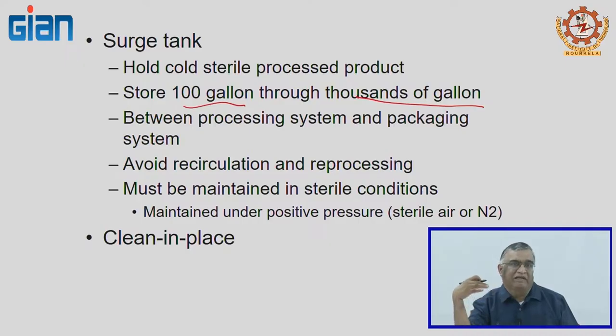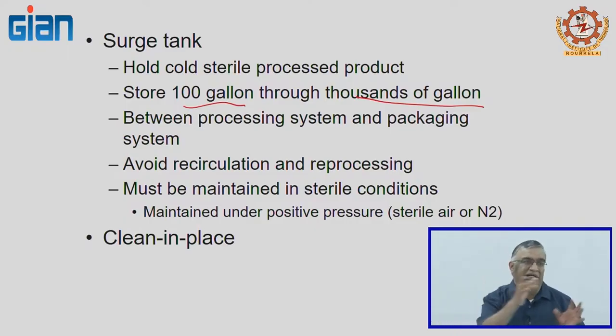For example, you may be processing orange juice: you get fresh oranges, and then you process orange juice using aseptic processing. You can probably process millions of pounds, store them in the aseptic tank, and then bring them later to package into small individual-size containers.